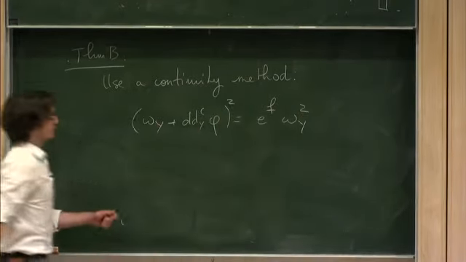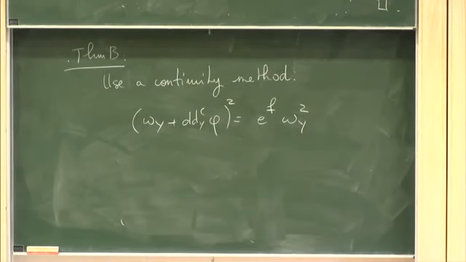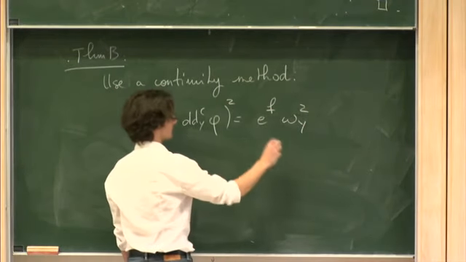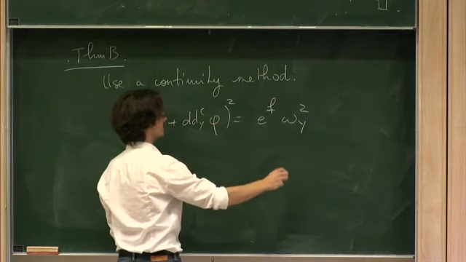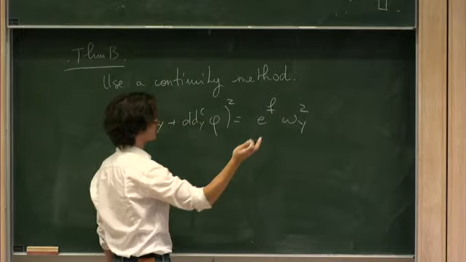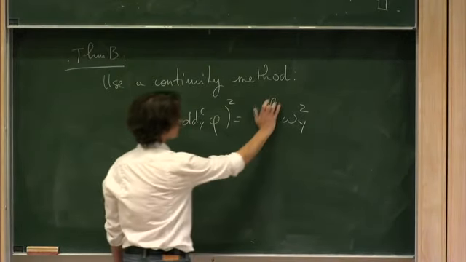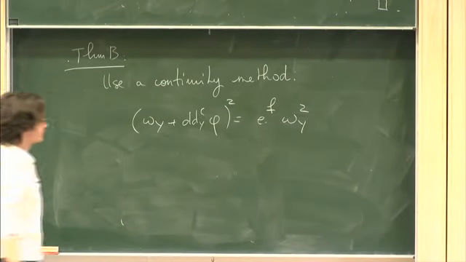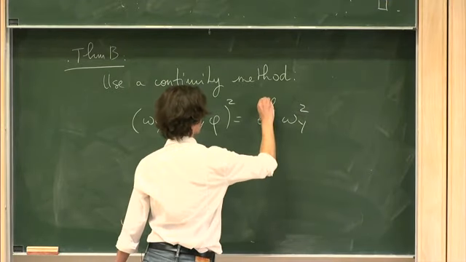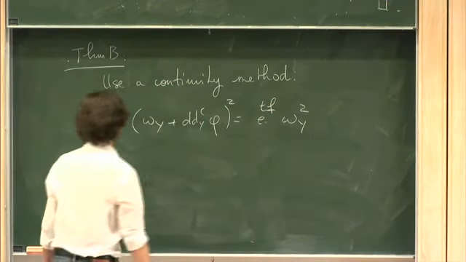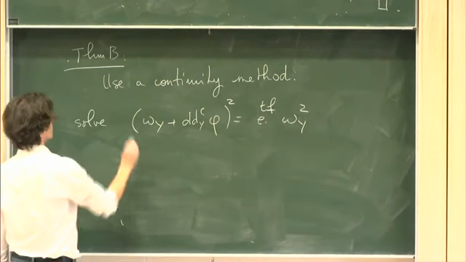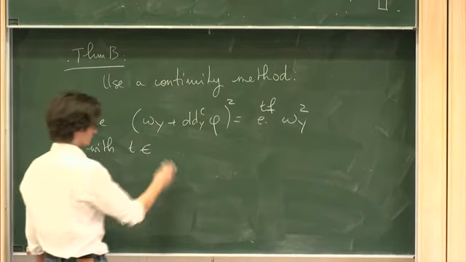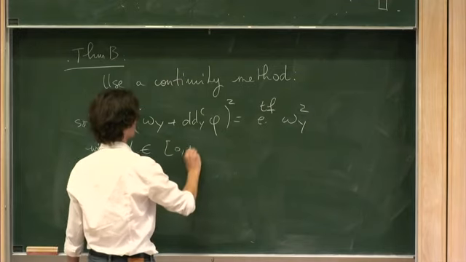The naive idea is to interpolate the right-hand side member from a trivial right-hand side member, say omega y squared, to the right-hand side member you do want to reach. And this you do by putting a t parameter here. So solve with t in between 0 and 1.